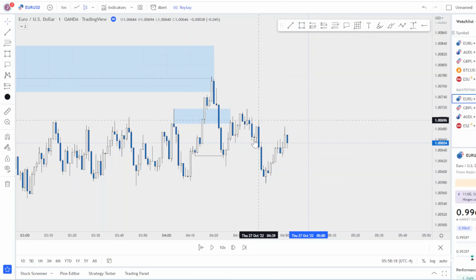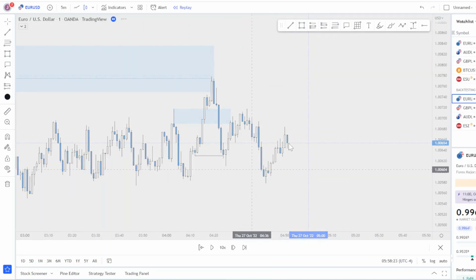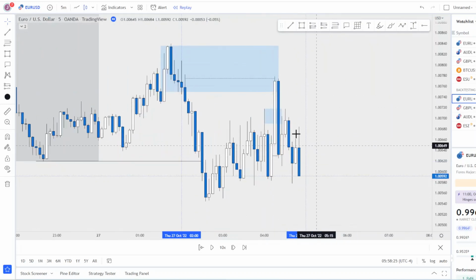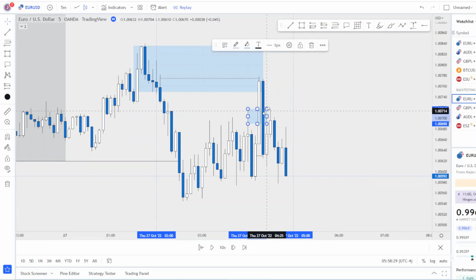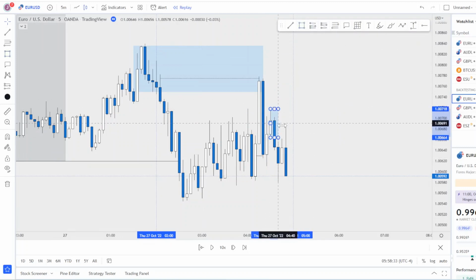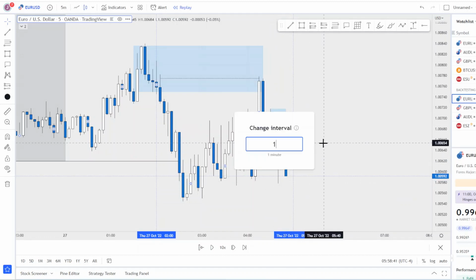So how did I know to enter here? So I went to the 5 minute. I'm always changing time frames to see, is there something showing me? I could see on this time frame that we had a 5 minute order block, and we had a fair value gap. So I knew this area would be a likely area to enter from.